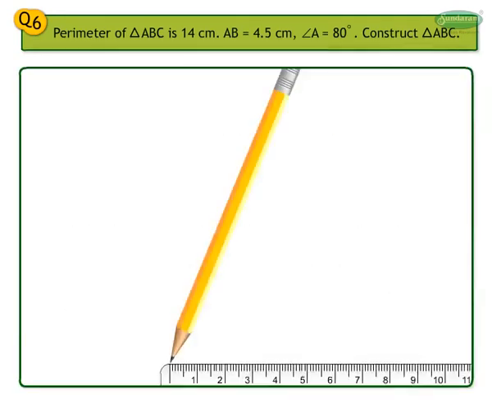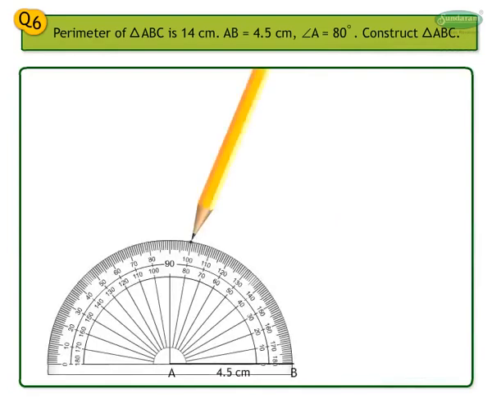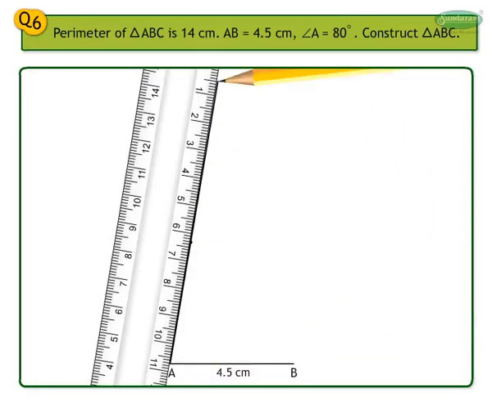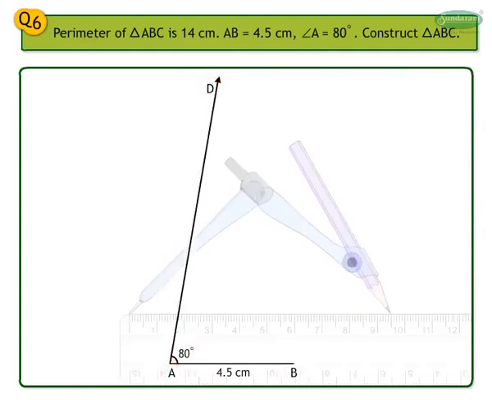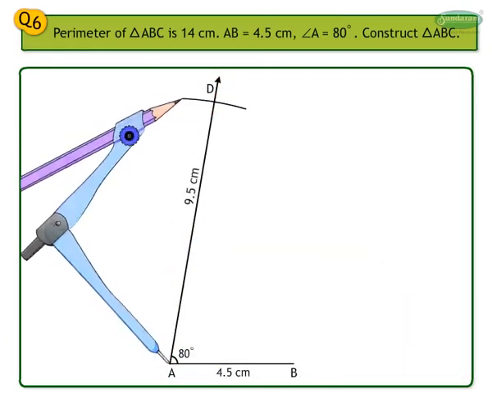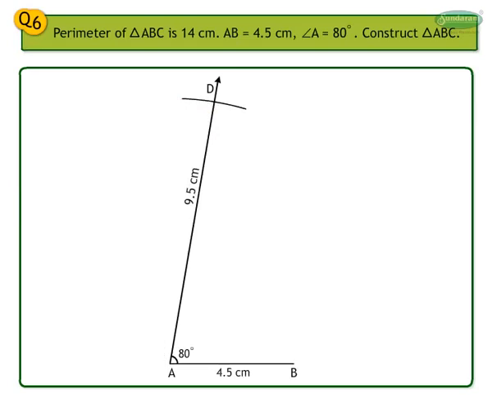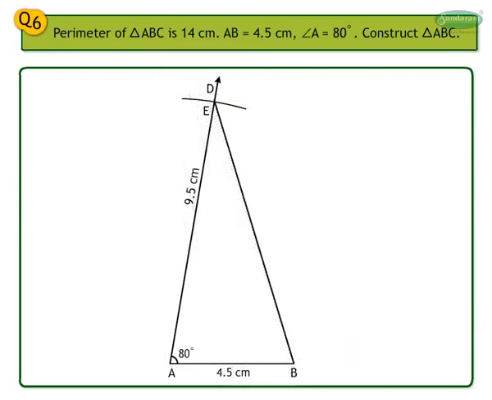Draw segment AB of length 4.5 centimeters. Draw ray AD such that angle DAB is equal to 80 degrees. Take A as center and radius 9.5 centimeters. Draw an arc which cuts ray AD at point E. Join points E and B. Now draw the perpendicular bisector of segment EB.